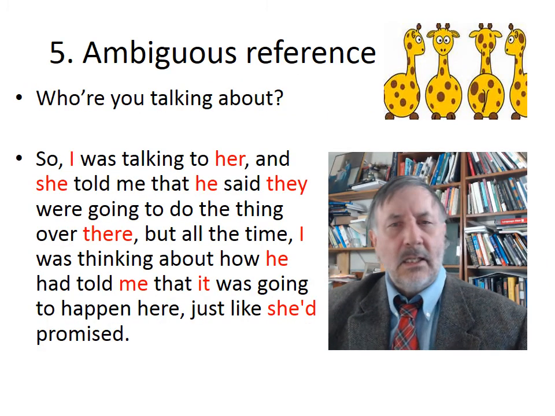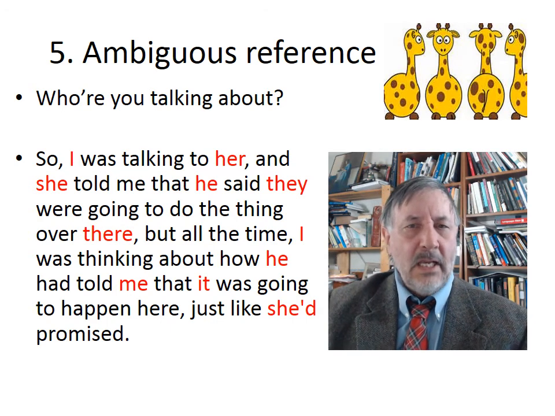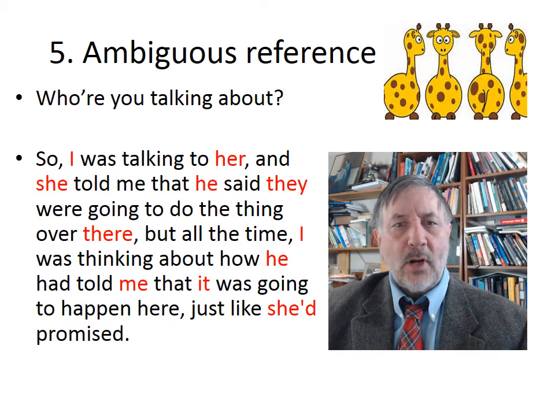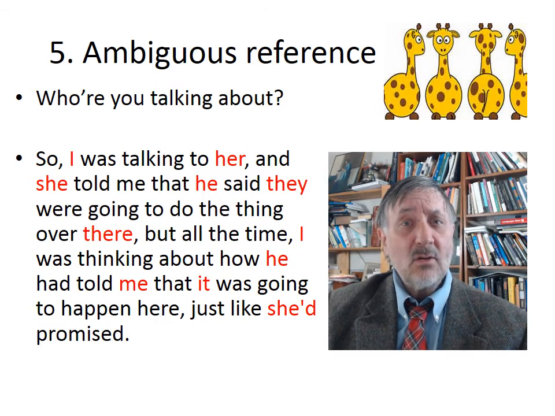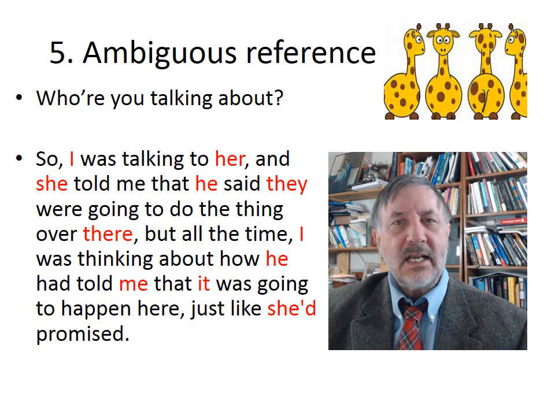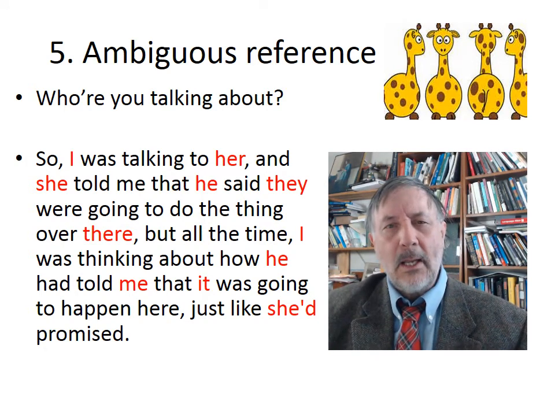The last thing that I'll talk about in this lecture about pronoun usage will be what's called ambiguous reference. So if you don't know what the word ambiguous means, it means something is not clear. It could have two meanings, or it can have many meanings. It's ambiguous. It can't be seen clearly.